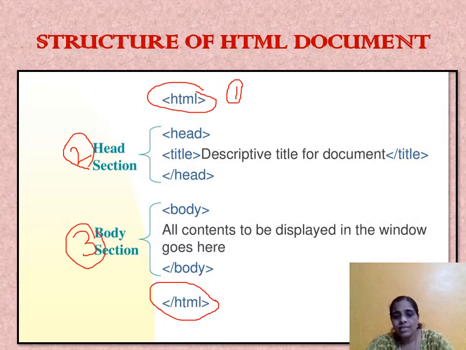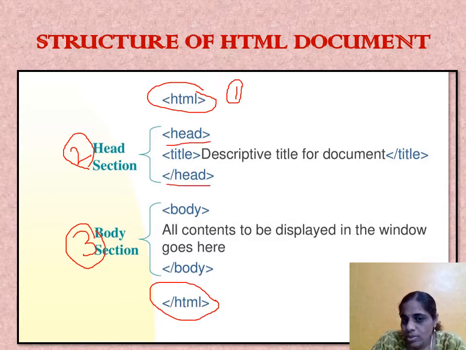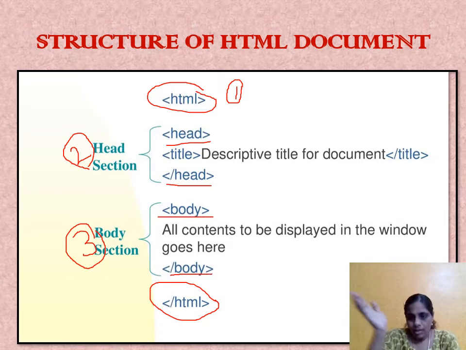What do you mean by head section, children? The head section has an opening head tag and a closing head tag. Like that, the body section has a body open tag and a close body tag.